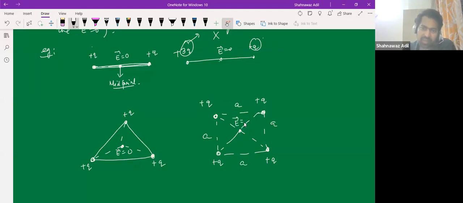Now you will have to do all these four contributions, but you already know that these are symmetric. So electric field would be 0. So this is a neutral point, this is a neutral point, this is not a neutral point, this is a neutral point. Is that clear?